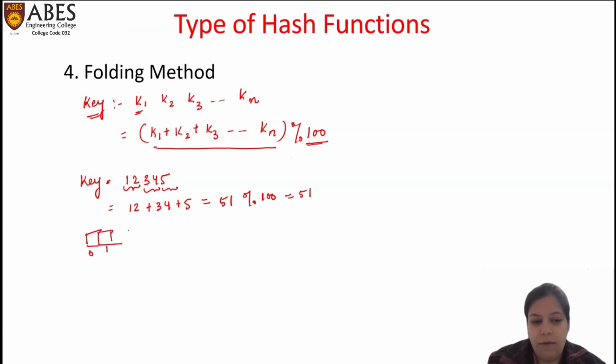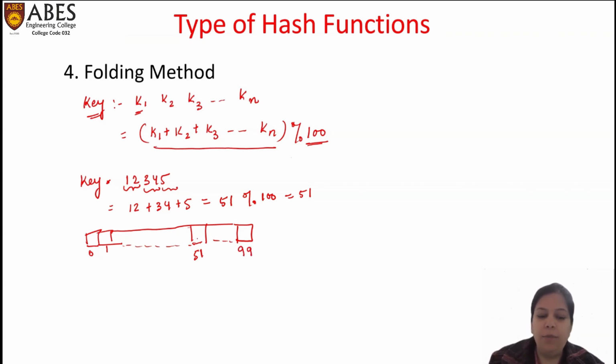Then this 51 can be found here, and the input key, that is 1, 2, 3, 4, and 5, can be stored at index 51 in the hash table.